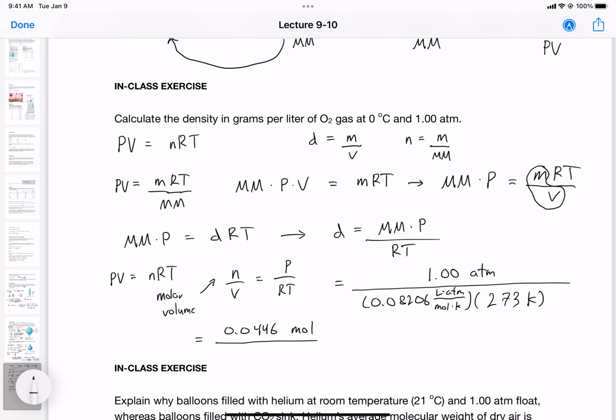So that's our molar concentration. So now we know that for every 1 mole of oxygen, there's going to be 32 grams of oxygen, right? So we can convert that now to grams per liter, and we get 1.43 grams per liter.